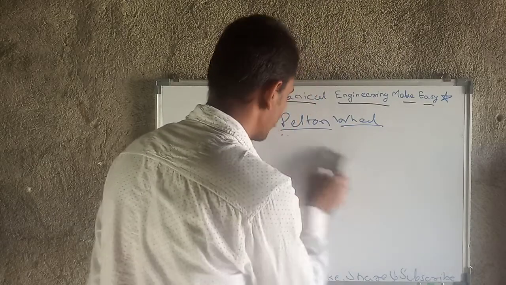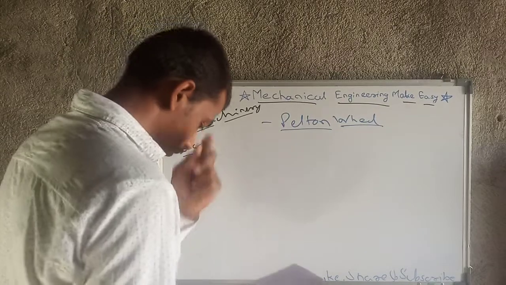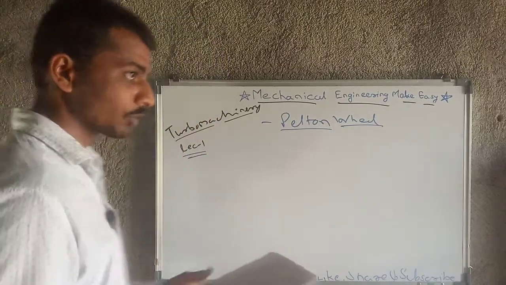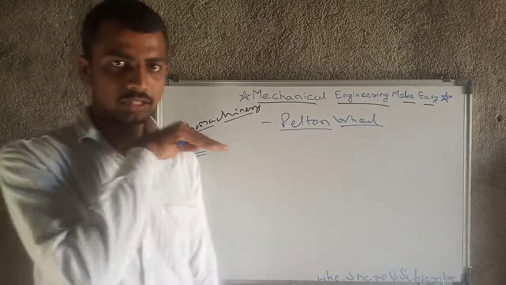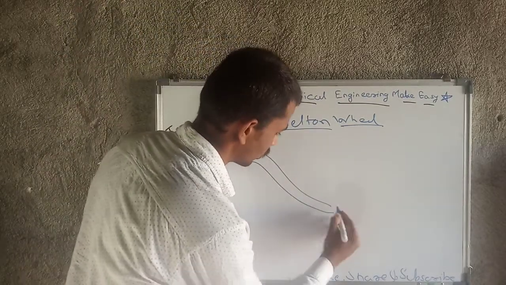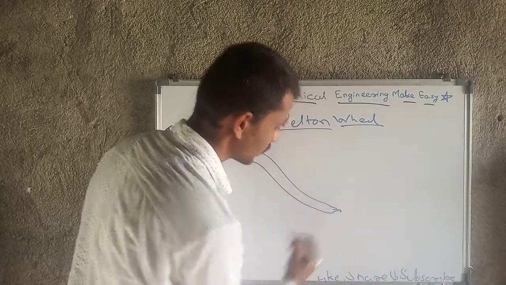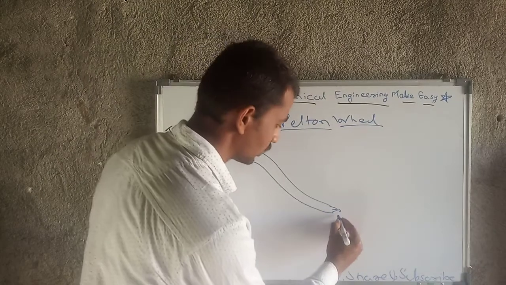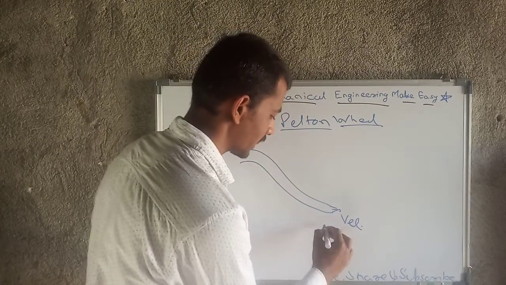In today's lecture, I will finish all the Pelton wheel concepts. In the case of a Pelton wheel, what happens at the end of the pipeline which I have drawn? Here there will be one nozzle. From that nozzle, the flow will have all its head as velocity head, not any kind of pressure head.